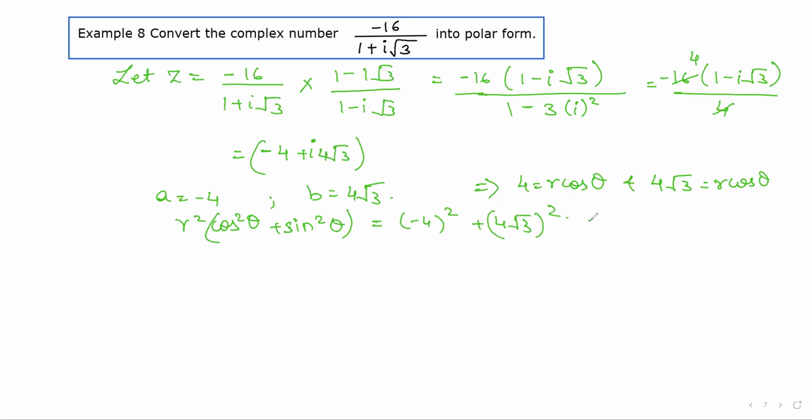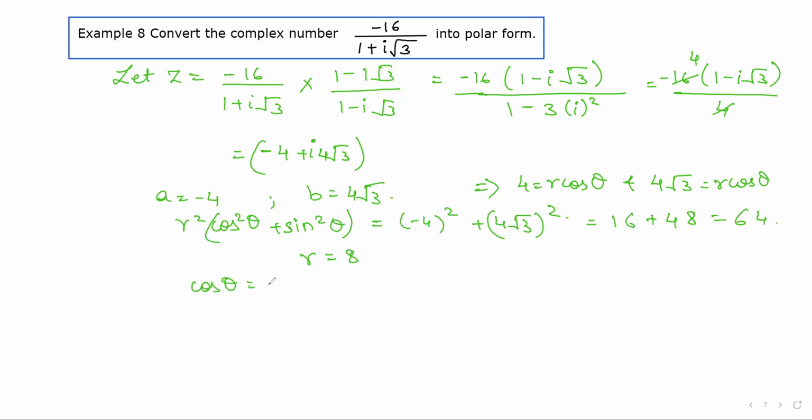So this is equal to 16 plus 48. So your r square will be equal to 64 and r will be equal to positive 8. Radius will never be taken as negative.